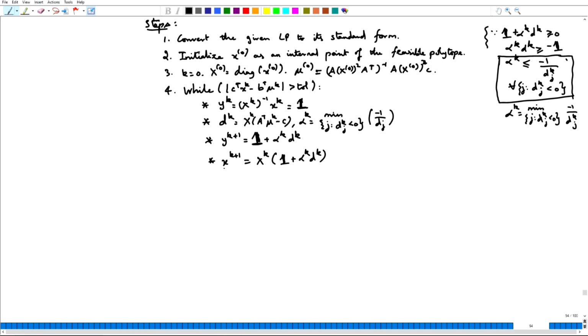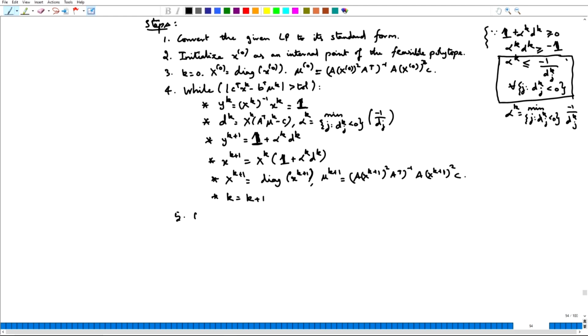Now, given that xk plus 1 is found, you can write capital Xk plus 1 as the diag of xk plus 1, and mu k plus 1 as A Xk plus 1 squared A transpose inverse A Xk plus 1 squared C. And you write k equal to k plus 1.